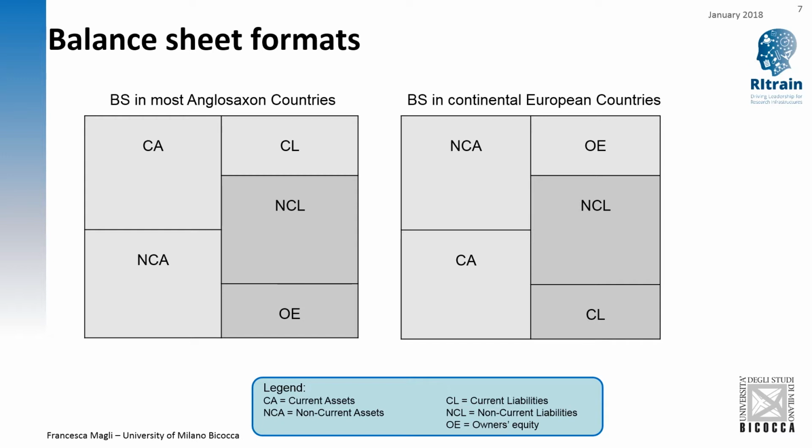Non-current assets are resources that the enterprise intends to use for a long period of time to conduct its operations. The most common current assets are cash, short-term investments, and inventories. The most common non-current assets are property, plant and equipment, intangible assets, financial investments, and goodwill.